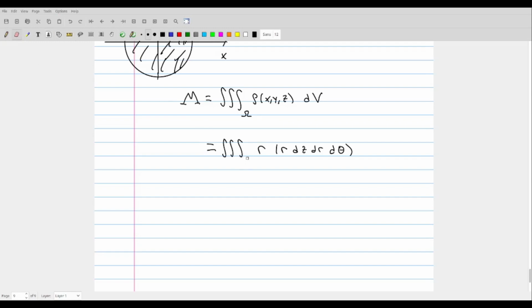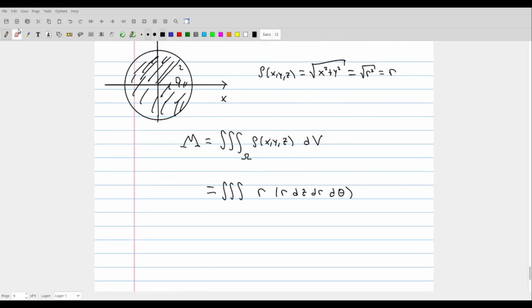And we can directly go through and compute our bounds as well. Theta is going around this circle D, so it's going from 0 to 2 pi. R, the radius in this region, is going from 0 to 2.